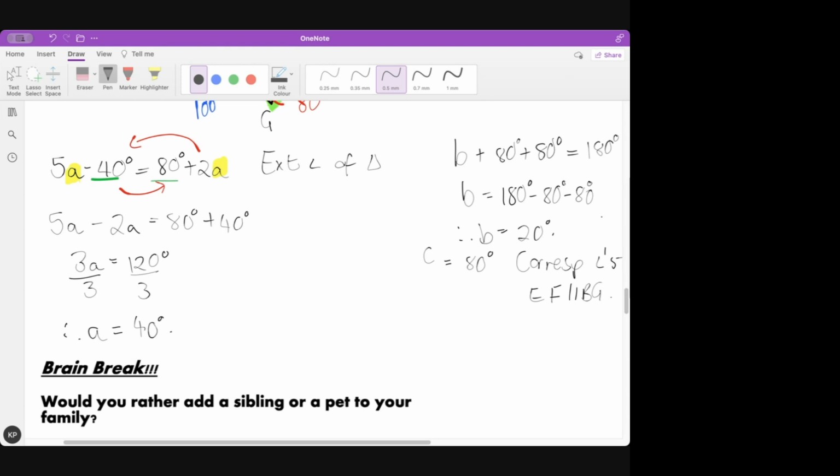Look, I'll take a sibling if it's a baby, but not if it's an adult joining my family. What am I going to do with an adult? As an adult, I'm choosing a pet. But if you say a newborn little baby, then yes, I want a baby.